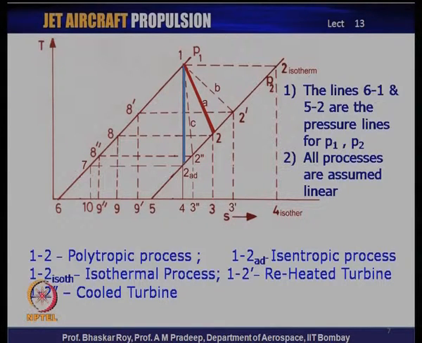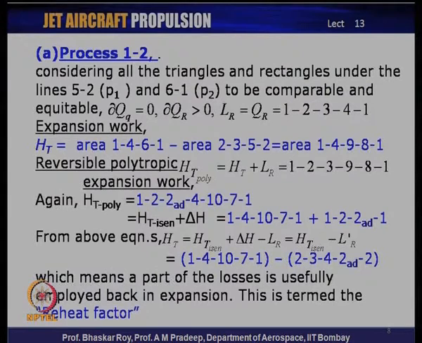Now, let us take a look at the situation, 1 to 2, which is the polytropic process, what we call a realistic polytropic process, the case A. We have already assumed that all the paths are linear, so we have triangles and rectangles to be considered, and we say that the heat transfer from external sources is 0.